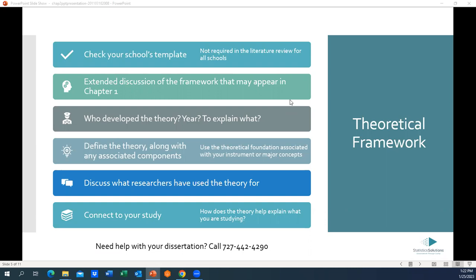Okay. Now the conceptual framework. Everything kind of holds for the conceptual framework as a theoretical framework, except that you're using it for a qualitative study and that you're using concepts instead of theories, right? It's right in the title. And the reason for that is quantitative studies tend to work deductively, right?